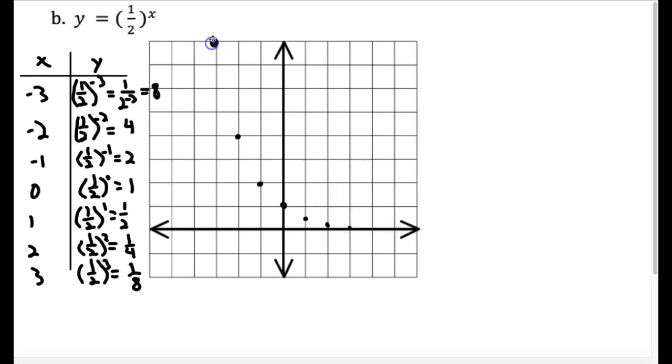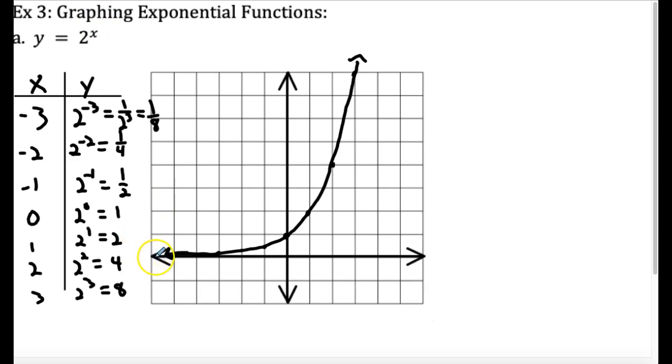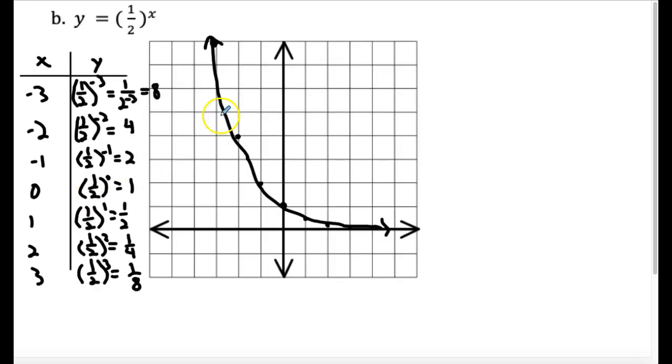So this graph is actually just the mirror image of what we just did, reflected across the y-axis. So y equals 2 to the x was an exponential growth function, and y equals 1/2 to the x was an exponential decay function.